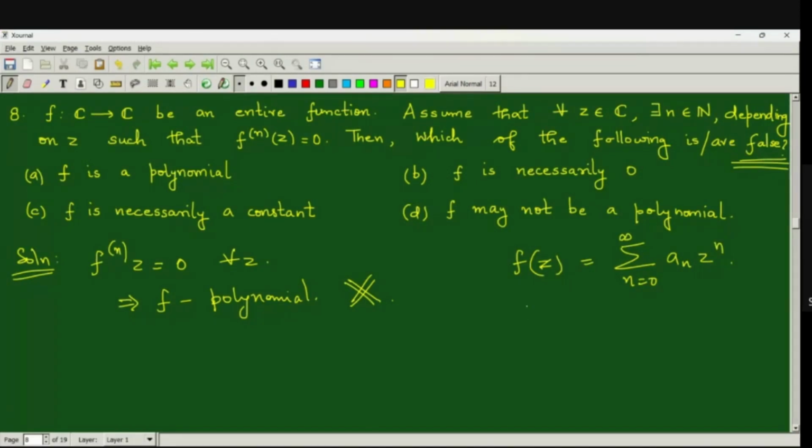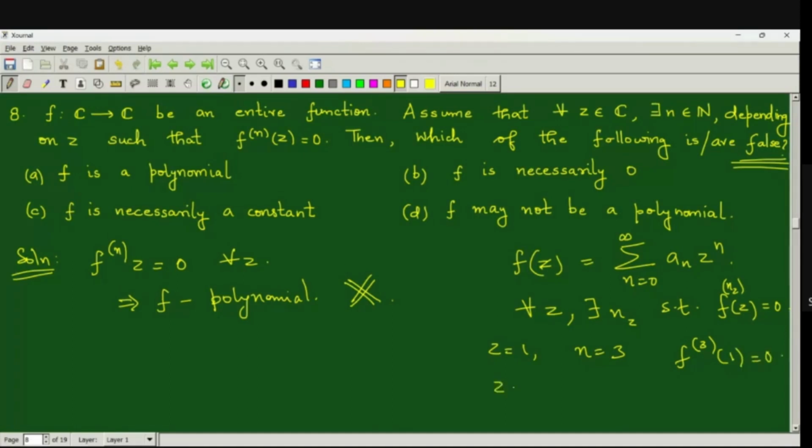Sorry. For each z, you are getting different n's. I will be writing n z such that the n z derivative of f at z is going to be 0. Means if I take z equal to 1, I will be getting n equal to 3. That is, the third derivative of f at 1 is 0.